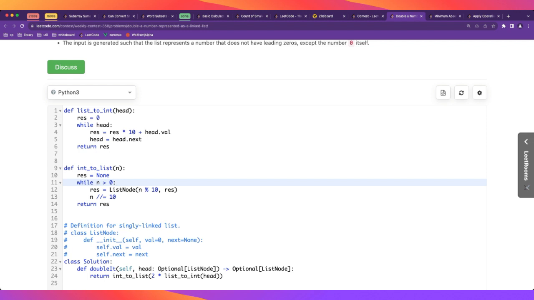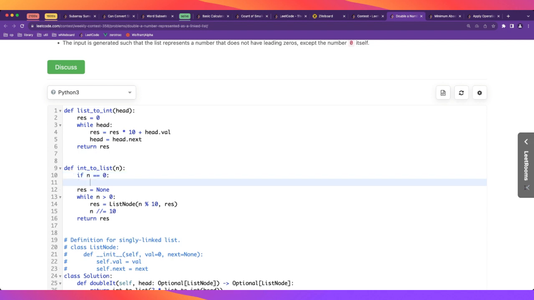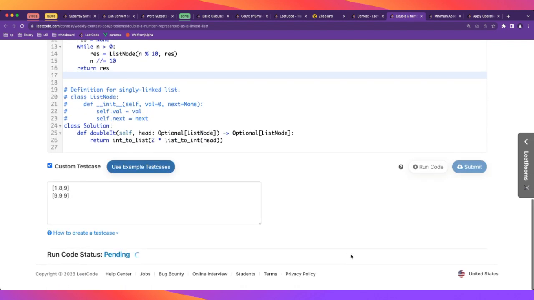If we do something that ends up adding one leading zero, it's not going to work for numbers different than 0. So I think the easiest way is to just have a special case here. If n is 0, we return a list node, which by default is exactly what we want. It has value 0 and next is None, an isolated node. So this should be good enough.